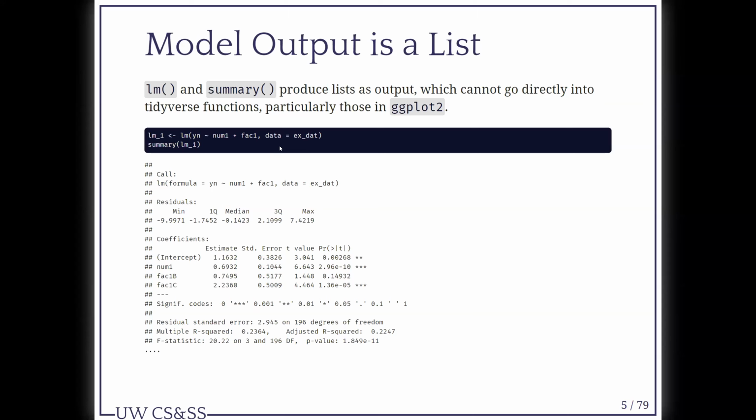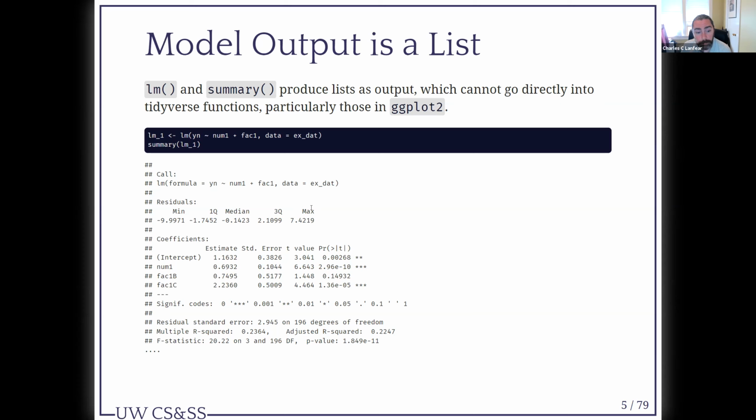So if I do something like this, where I run a linear model, this is just some made up data built into these slides, of y with a numeric variable and a factor variable, and I get a summary on it, we get some output that looks like this.